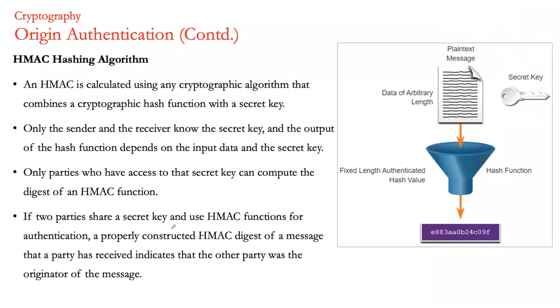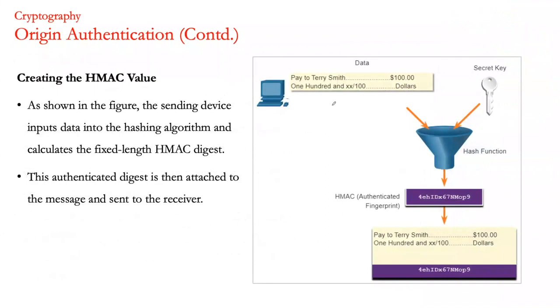By creating the hash value, your plain text data is concatenated, merged with your secret key, and then it will generate one hash value. That digest is sent along with the plain text. The plain text and the digest, both are sent to your receiver side.